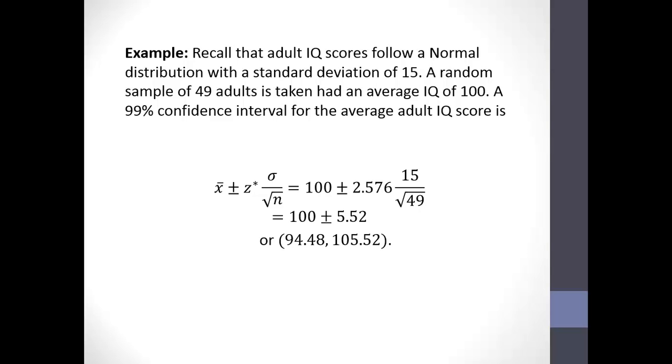We take a random sample of 49 adults and find an average of 100, and we can find the 99% confidence interval: the sample mean plus or minus z star, where for 99% confidence z star equals 2.576.